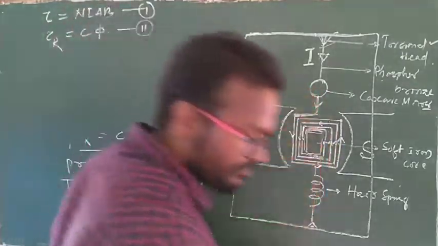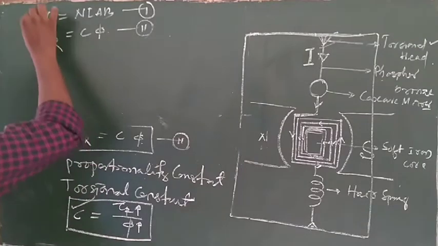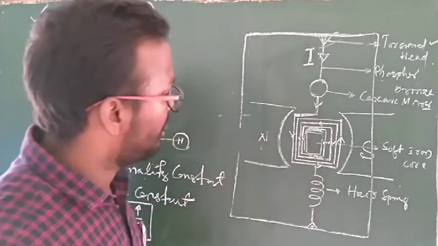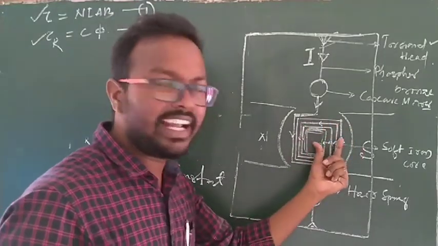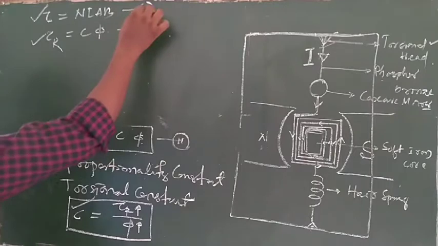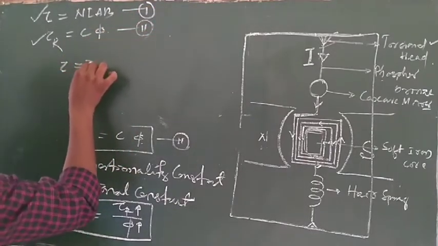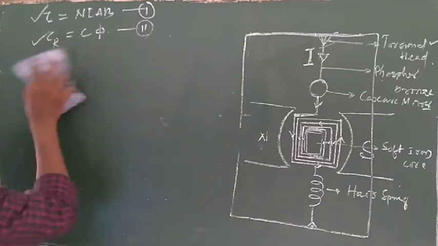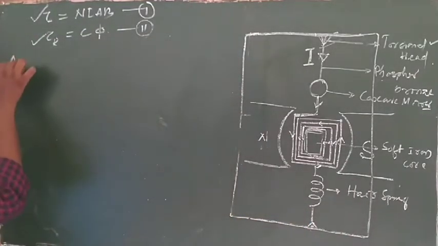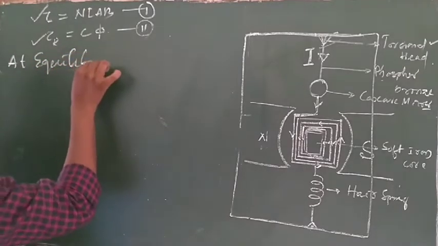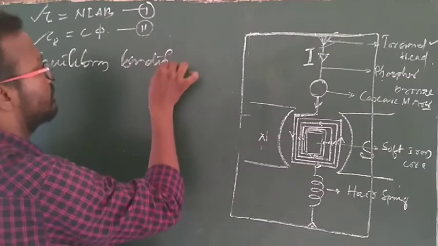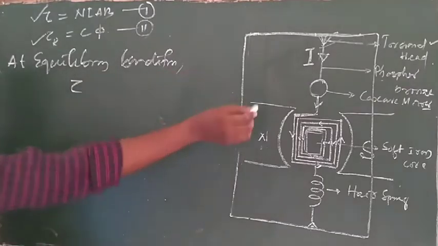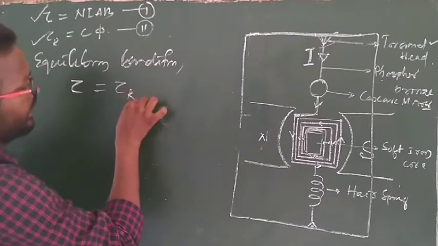Now, after some time, the restoring torque is equal to the torque experienced by the coil, or the rectangular loop, inside the uniform magnetic field B. So from this relation we can write tau equal to tau R. For the equilibrium condition, the torque experienced by the rotating coil inside a uniform magnetic field is equal to the restoring torque.